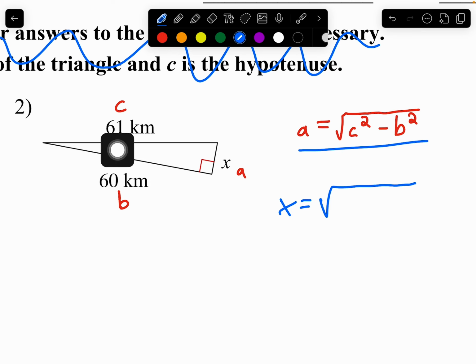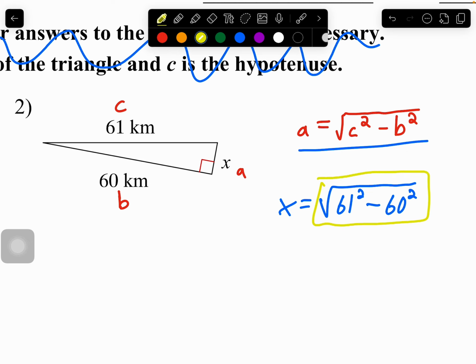C is 61, so 61 squared, and then minus 60 squared. So I'm going to plug all of this in the calculator.